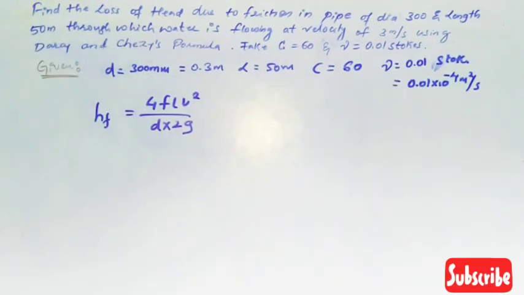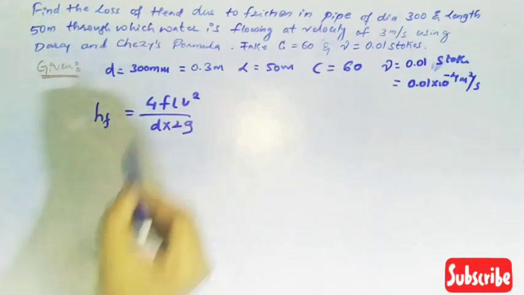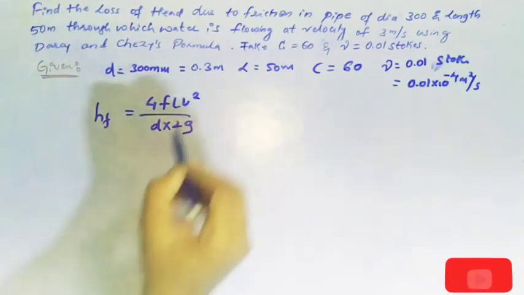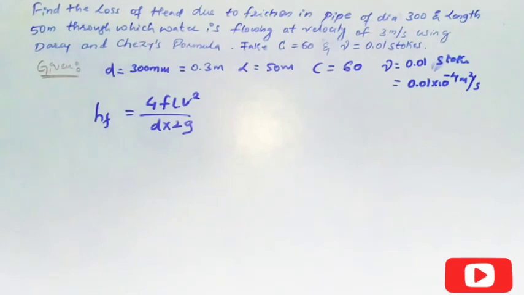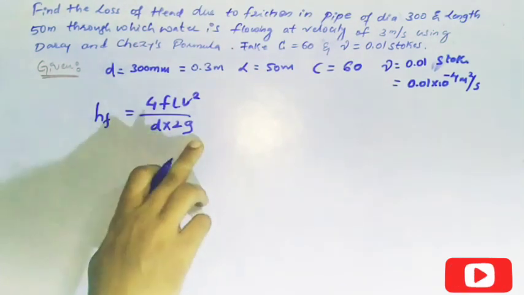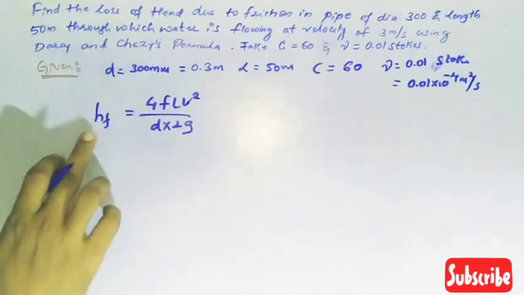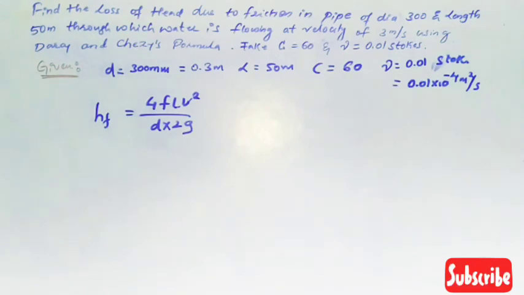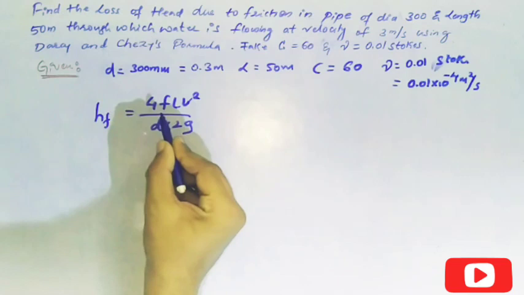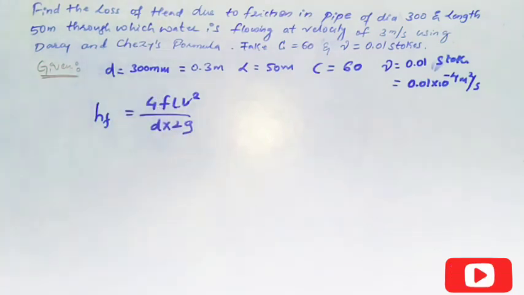In this one, L is the length of the pipe, V is the velocity, D is the diameter of the pipe, g is a constant, and hf is the loss of head due to the friction. Now the unknown term in this one is f, that is the coefficient of friction. This coefficient of friction is a function of Reynolds number Re.